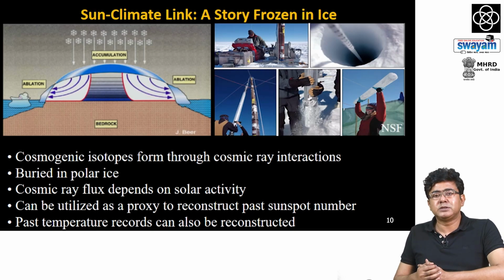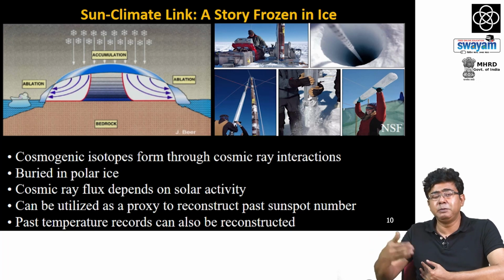Of course, to do this, you have to really go back in history and reconstruct what the sun's activity has been in the past and correlate that with global temperature records reconstructed based on different kinds of techniques. For example, one of the ways this is done is through looking at the abundances or the concentration of cosmogenic isotopes such as beryllium-10 in ice cores, which provide a pristine history of the atmospheric conditions of the Earth in the past.